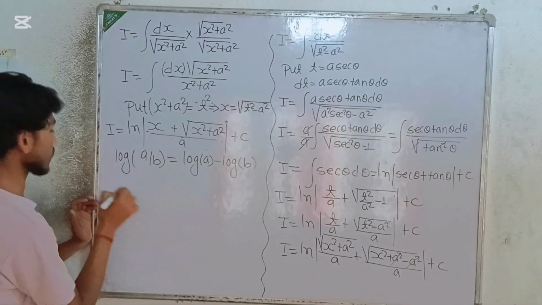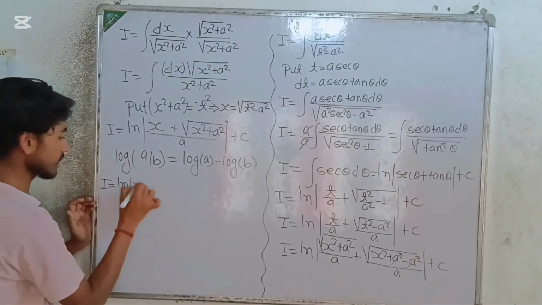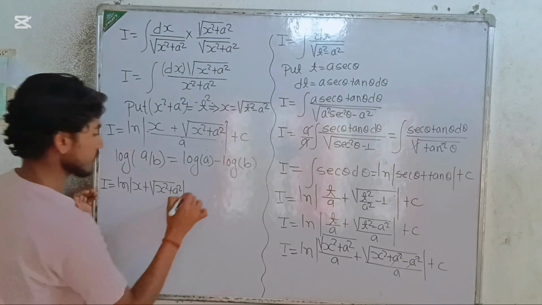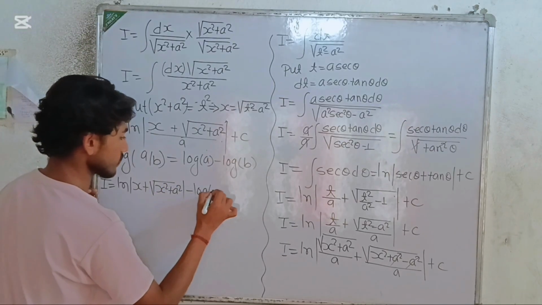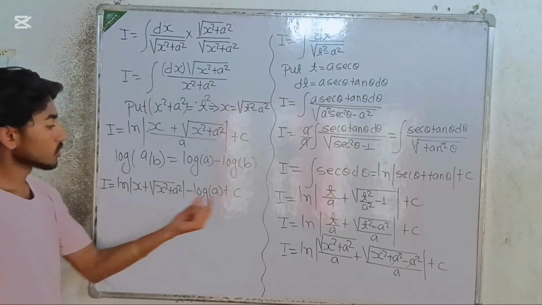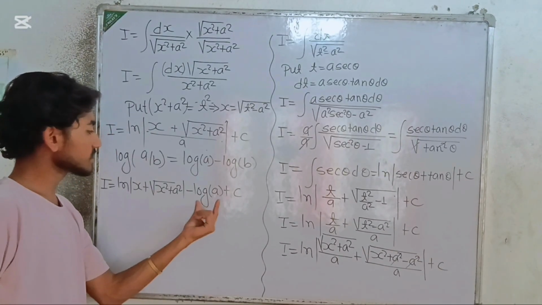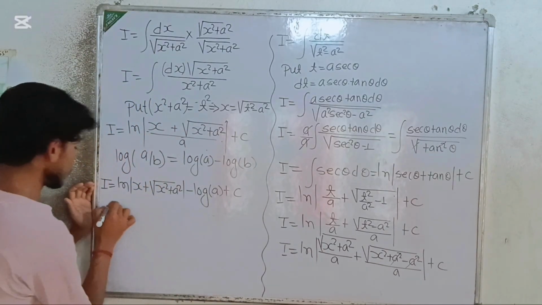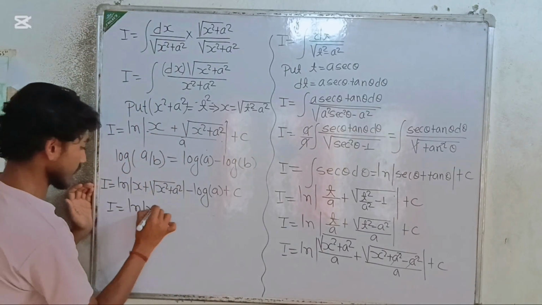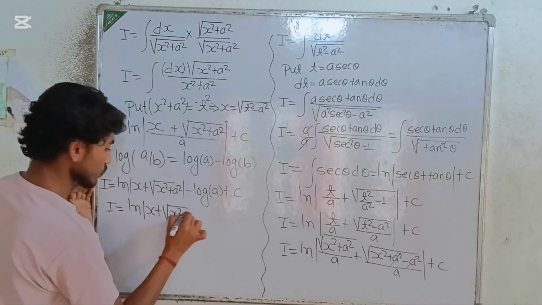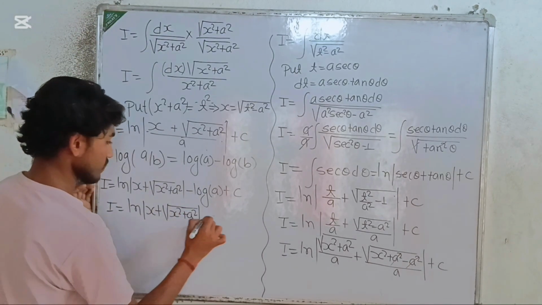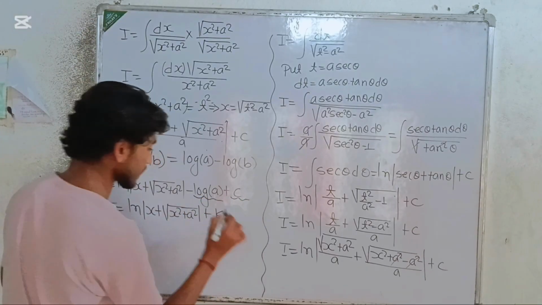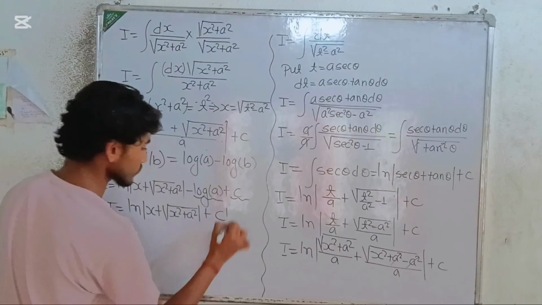And we have to use the property that I is equal to ln of x plus the square root of x squared plus a squared, minus log of a, plus some constant c. So a is our constant, and if you put a constant in a logarithm, you will again get another constant. So this is going to be ln of x plus the square root of x squared plus a squared, plus the constant, and if you add a constant to a constant, you end up with another constant c, or let us simply say this is going to be c dash.